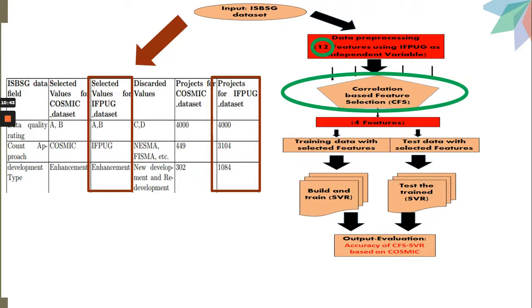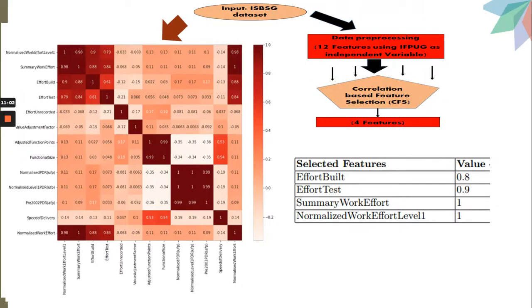That is, after applying this algorithm, we determine which features globally and consistently appear in the optimal set of features when using the IFPUG method for measuring. So we plotted the Pearson correlation heat map.